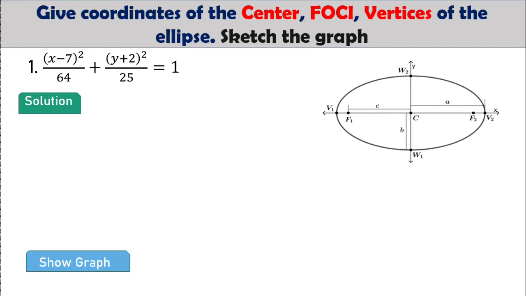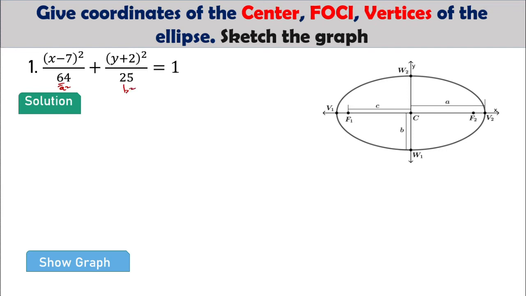Quantity x minus 7 squared over 64 plus quantity y plus 2 squared over 25 equals 1. So, in this illustration, dear students, makikita natin, this is the y-axis and the x-axis. So, this is an ellipse where the major axis is horizontal. Because in our example, ito yung a squared, tapos ito yung b squared.